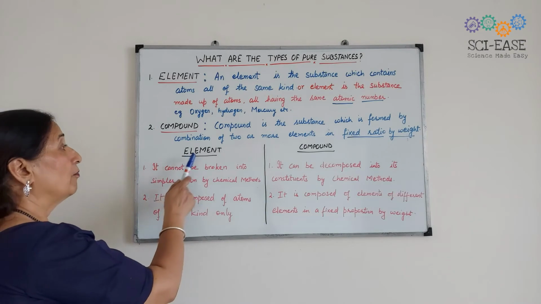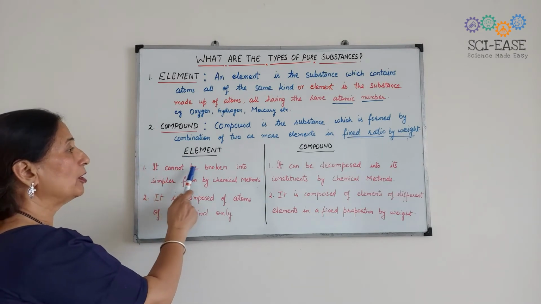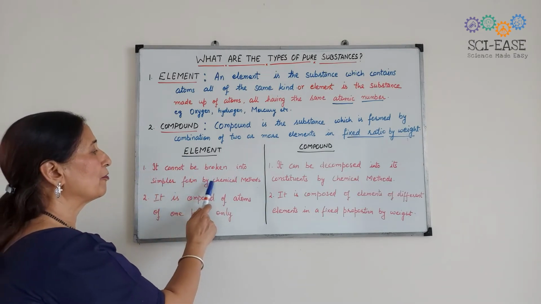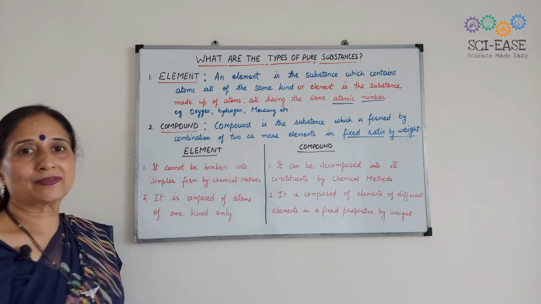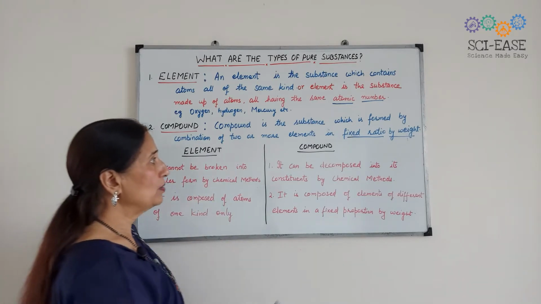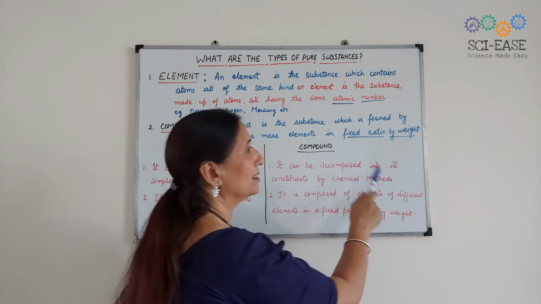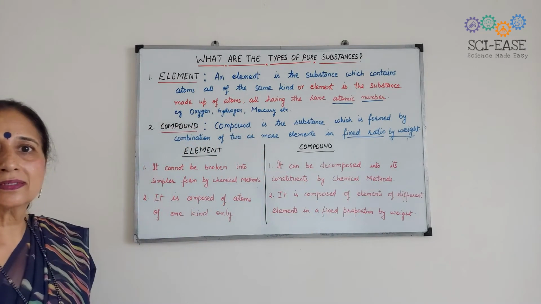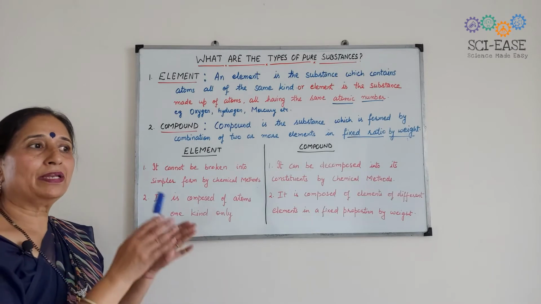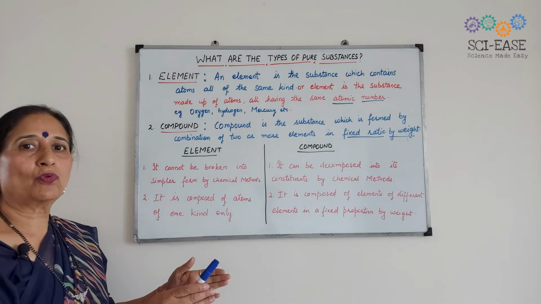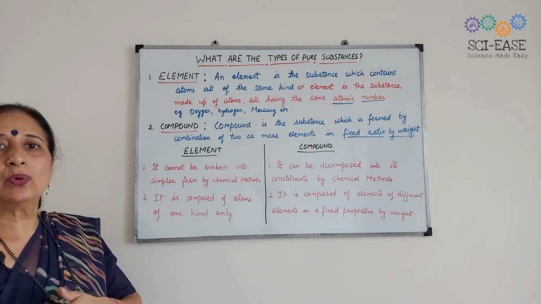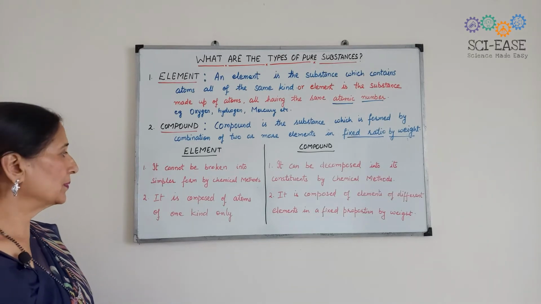Now, I want to tell you sometimes difference between element or compound that can be asked. So, what are elements? It cannot be broken into the simpler form by chemical methods. But compound, it can be decomposed into its constituents by the chemical method. Water, when we pass electric current through water, it will change into H2 plus O2.